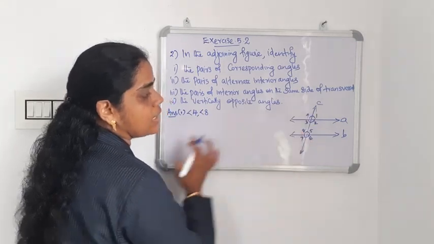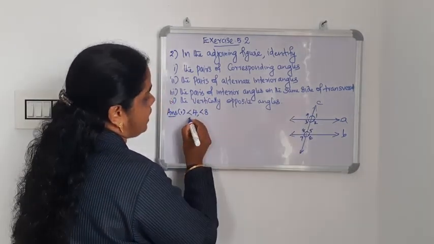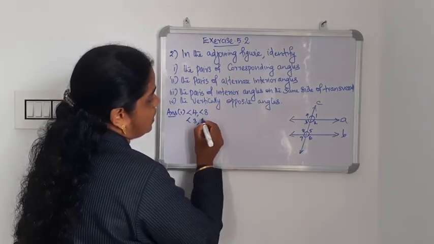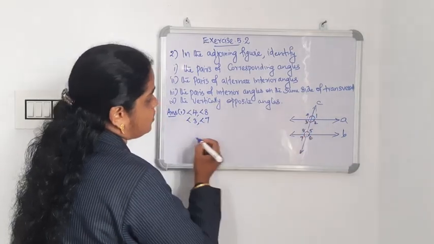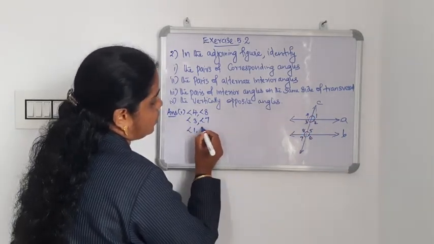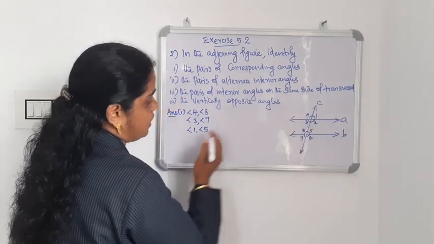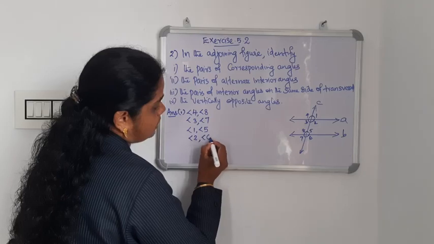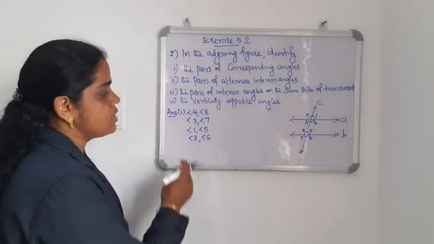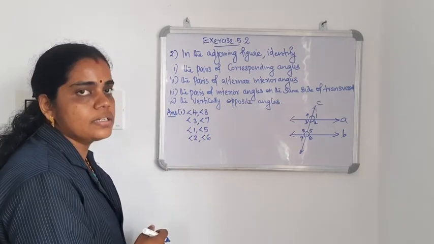Angle 4 and angle 8 are corresponding. Then angle 3 and angle 7. Then another corresponding pair is angle 1 and angle 5. Then another one, angle 2 and angle 6. So these are the pairs of corresponding angles.